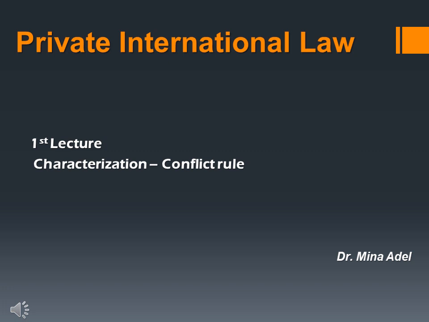So this is concerning what the conflict rule means. And here I just want to mention that we have two kinds of conflict rules. As I said, if the conflict rule is the key of conflict of laws, we have two kinds of conflict rules. The main kind is national conflict rules, and in some cases we have maybe regional or international conflict rules.